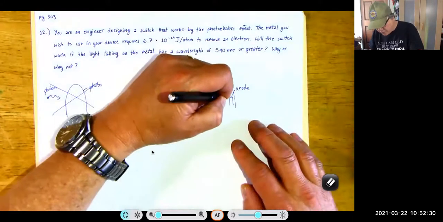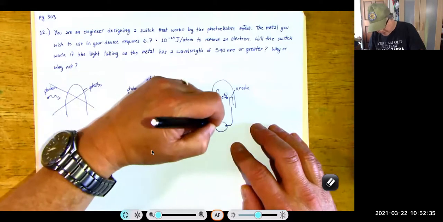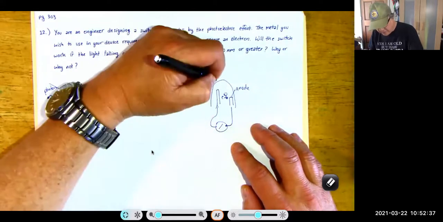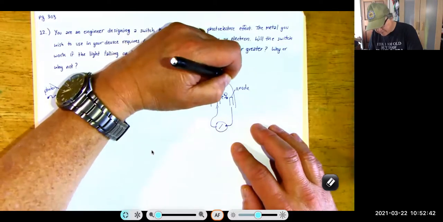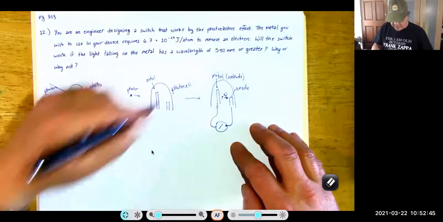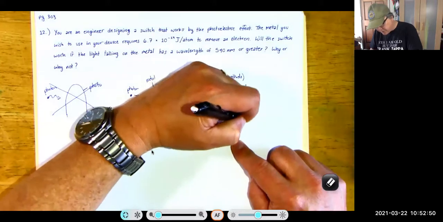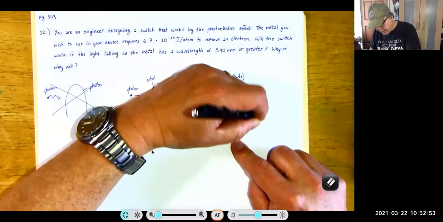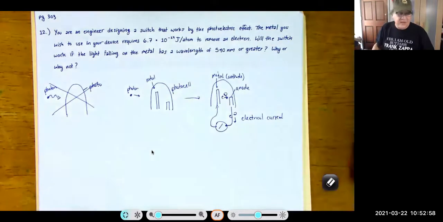Okay, so your electron goes through a little measuring device, and it comes back to the metal, which is also your cathode. Okay, so this electron that travels through the wire is electrical current. And when you are hitting the metal with enough energy and knocking electrons off, you're creating an electrical current which can run a device, like maybe open a door or shut a door.